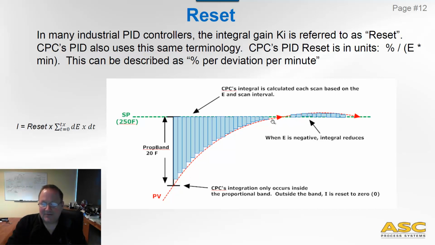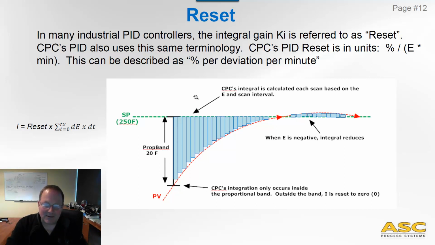Obviously, if the error goes negative, which is when PV is greater than set point, then the integral will reduce, so we're either adding to the integral or subtracting from it. This is the actual calculation which occurs. It's important to note that integration within CPC's PID will only occur inside of the proportional band.